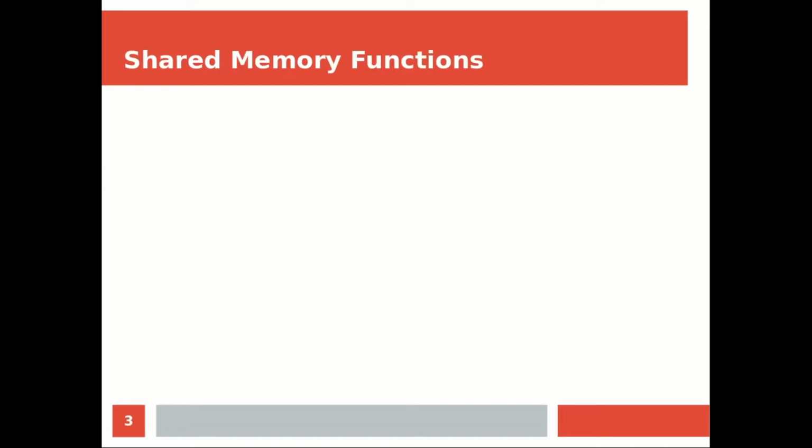For communication, we will need to use some library functions from C programming. These library functions we will be using. First is ftok. ftok is used to generate a unique key. As it is a common memory, to get access to this common memory, it will require a key.